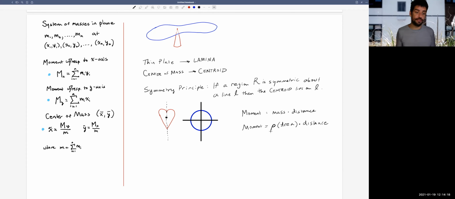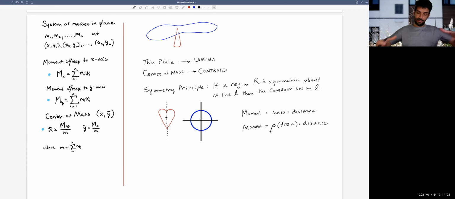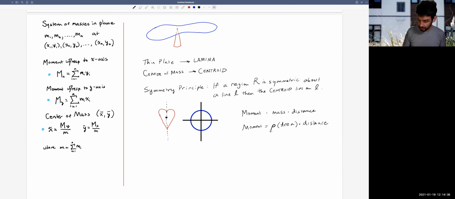But it's a good thing to remember that it was there, because you can have situations where it's not constant. We won't see that in this series of videos, but it is reasonable to have some kind of plate that's more dense in some areas than others, and then you can have a density function that tells you how it changes in each area. Okay, so that's the setup.